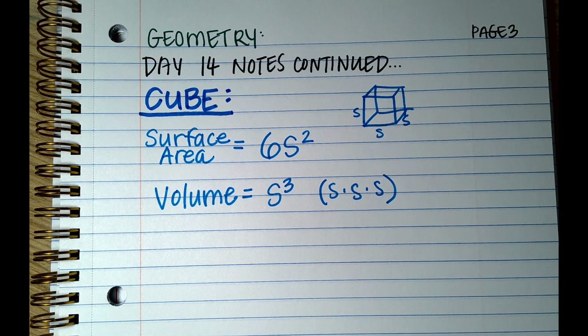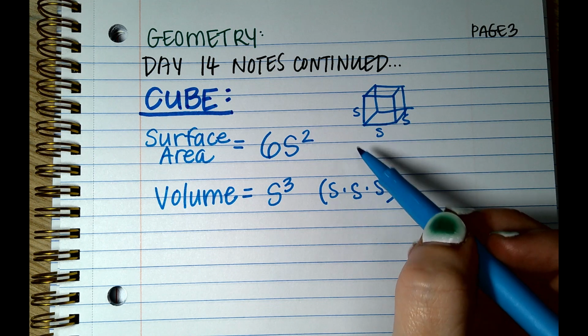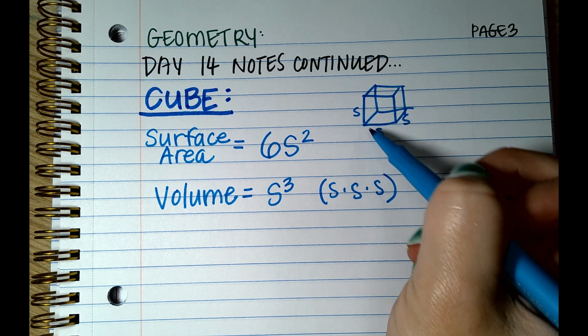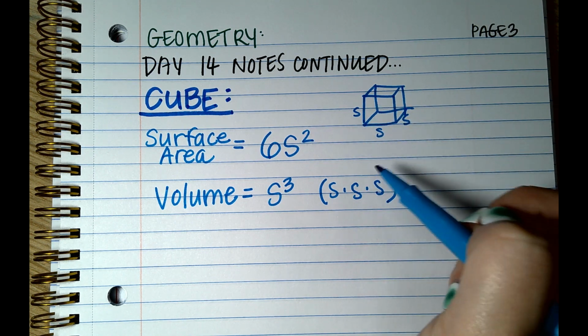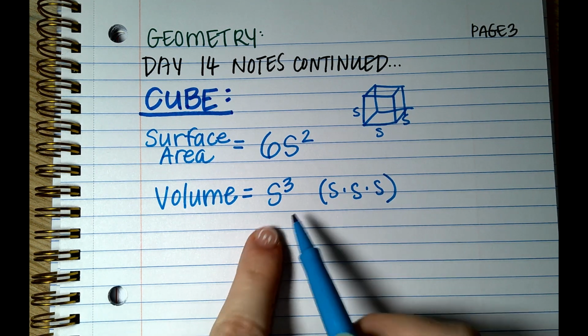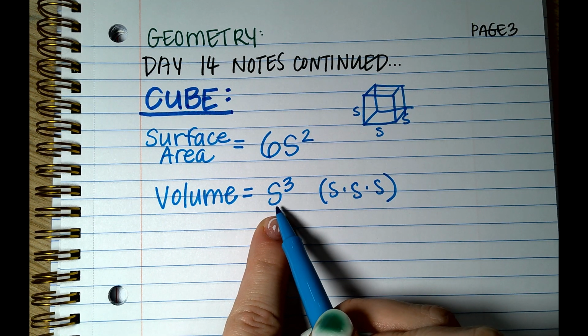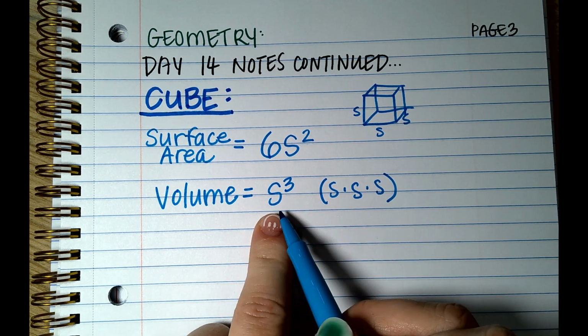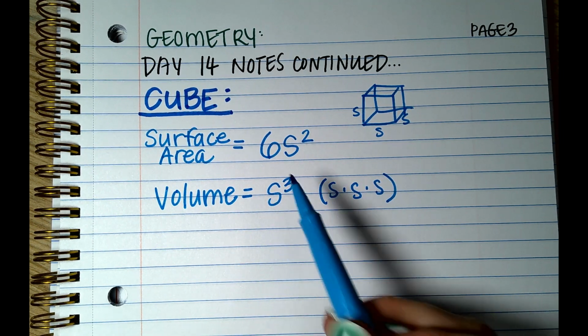Side times side times side. It's that length times width times height. In a cube, all of those lengths are the same, so we can just multiply by itself 3 times to get S cubed.